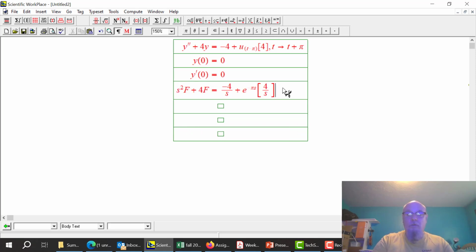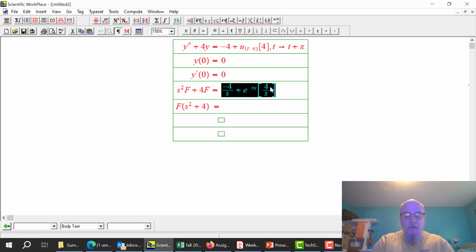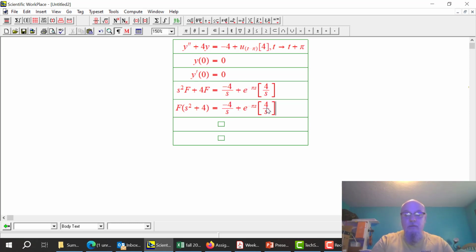And so I'm in the Laplace world. Now I need to solve for F. So I see that I can factor out an F here. So F times, I've got the s squared plus 4, and that's an unfactorable quadratic. I want to see that as what my auxiliary equation would be if I was solving it by another method.